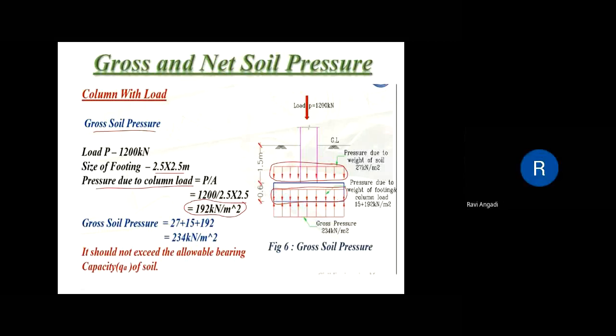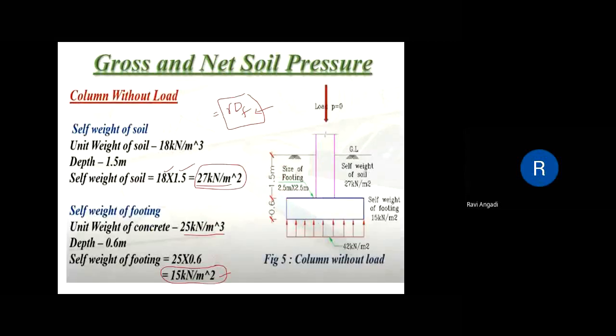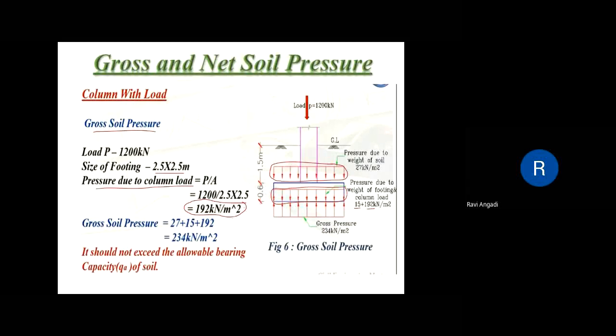From the footing, how much is the self weight? It is giving 15 kilonewton per meter square. But from the column, how much is coming? Pressure per square meter area, 192.